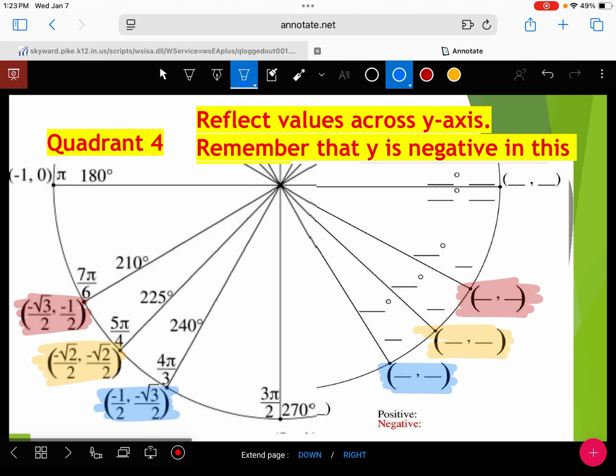And I want you to rewrite those coordinates over there. So I have my 1/2, root 3 over 2, root 2 over 2, root 2 over 2, root 3 over 2, 1 over 2.